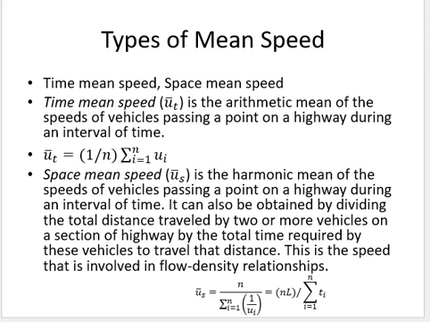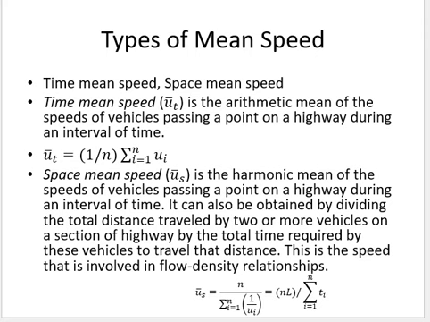Clear? Okay. Time mean speed is a simple mean of speed, which is taken over a point. There is no other way. For space mean speed, you can find it in two ways. You can again take the speed of vehicles over a point and do the harmonic mean, with summation of inverse.